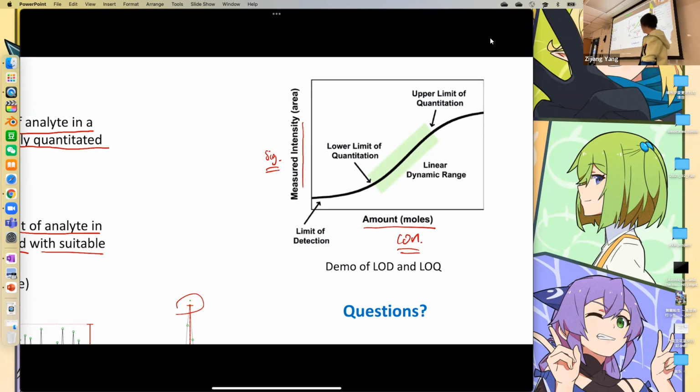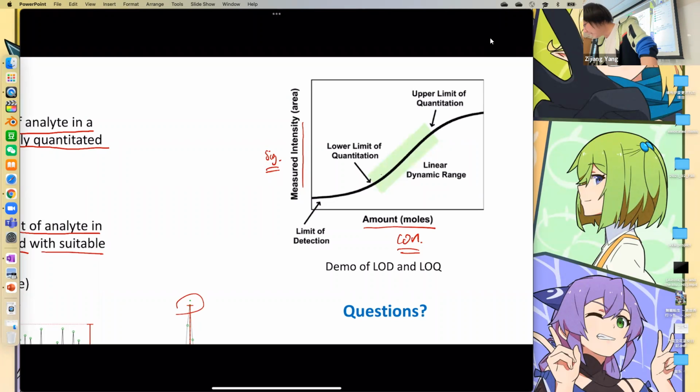From this plot, we can see that if we have a very, very low amount of chemicals, the instrument is very insensitive to the change. And when the concentration is pretty large, the instrument is also very insensitive to the change. Only in the middle is it approximately linear.